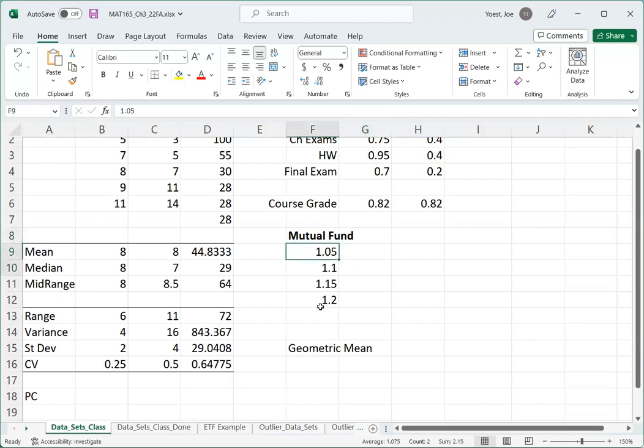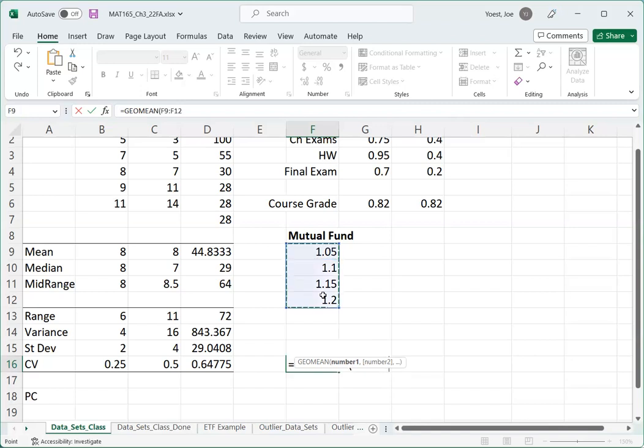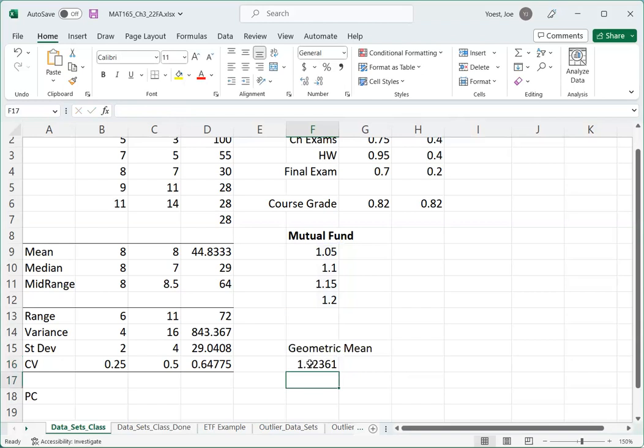But if these are my 1 plus rates of return, then I can find the geometric mean of the 1 plus rates of return with GEOMEAN. This is a built-in function in Excel that gives me the geometric mean of the things I enter. So I want the geometric mean of that data, and this gives me 1.12.